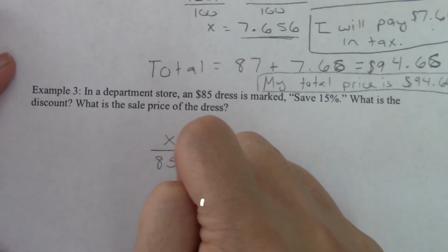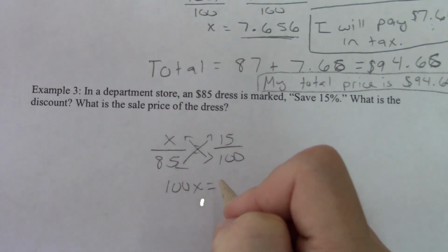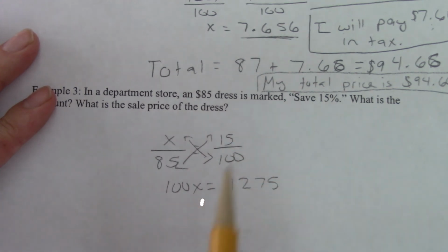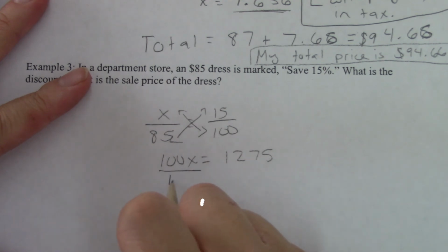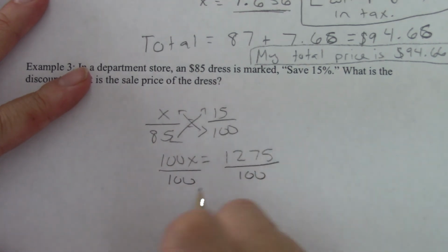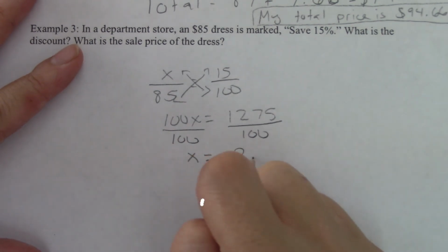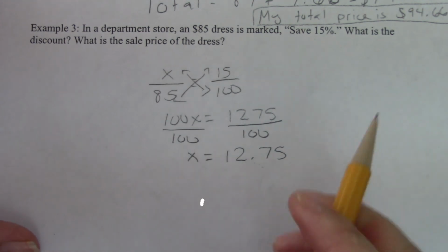I cross multiply, and I should get 100x is equal to 85 times 15, which is equal to 1275. Now I'm going to divide both sides by 100. When I divide both sides by 100, I get x is equal to 12.75. So that's going to be my discount.